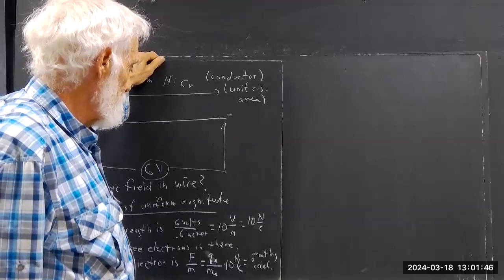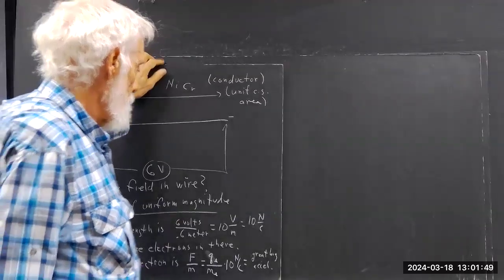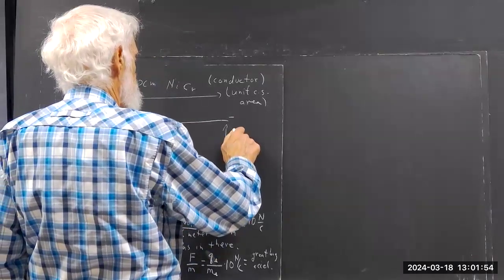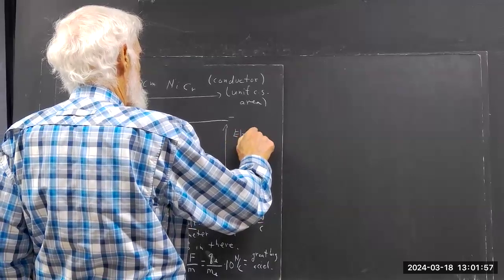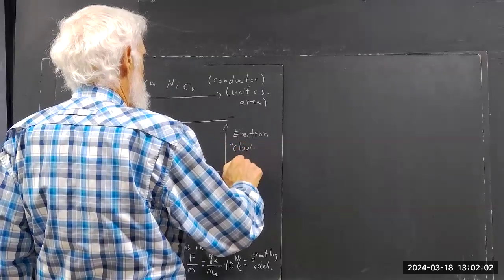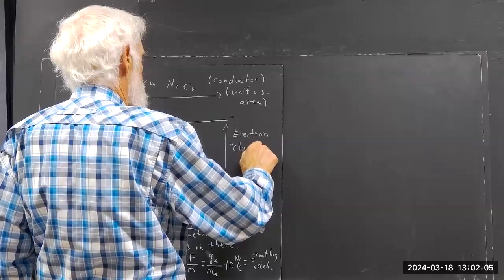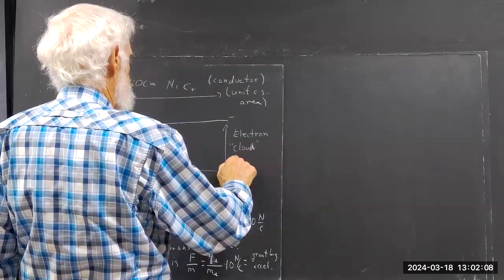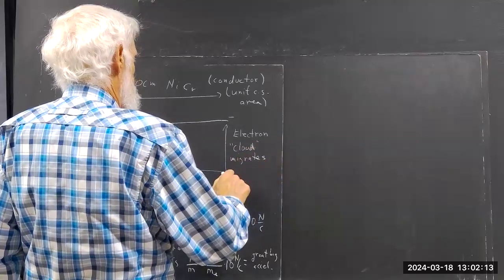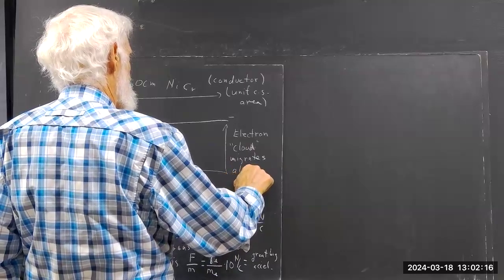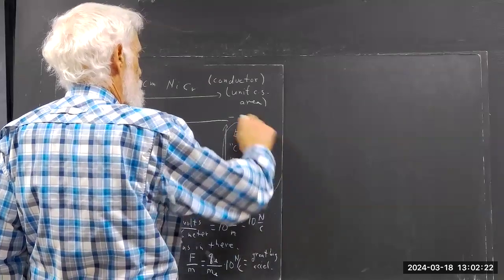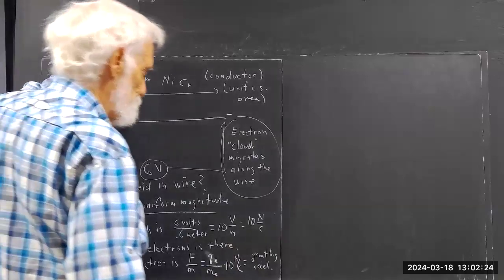But the bottom line is the electron cloud migrates along the wire.